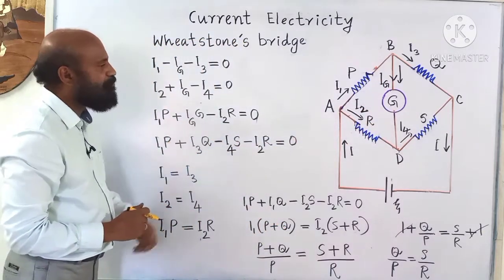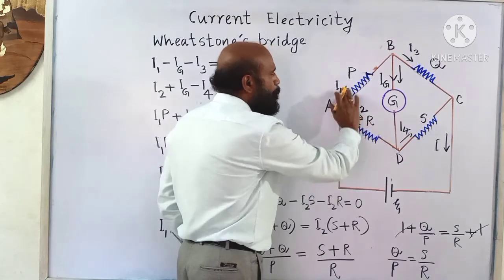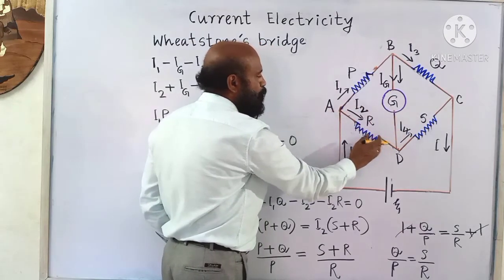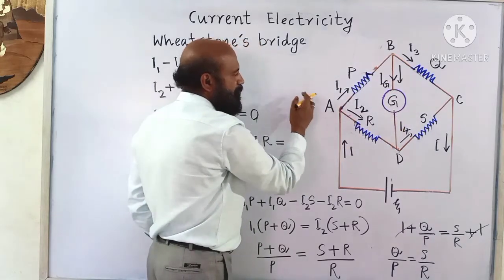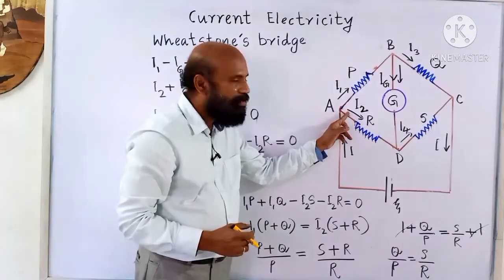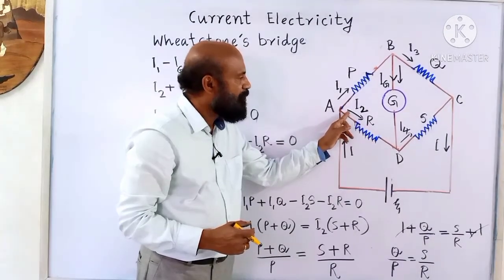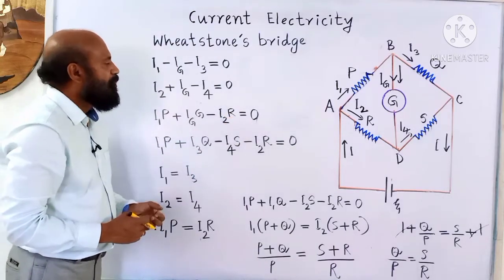But here the direction of the current is opposite to the direction of the loop ABDA, so it is minus I2R.